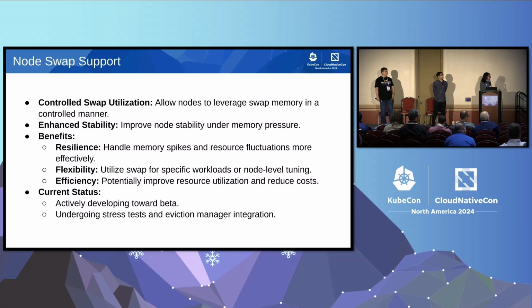So what you can do, and this is why we add extra buffer to your system, is allow those kinds of workloads to handle those temporary memory spikes more efficiently instead of evicting them and killing them, all those kinds of things.